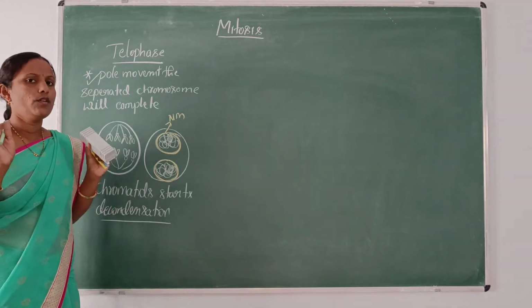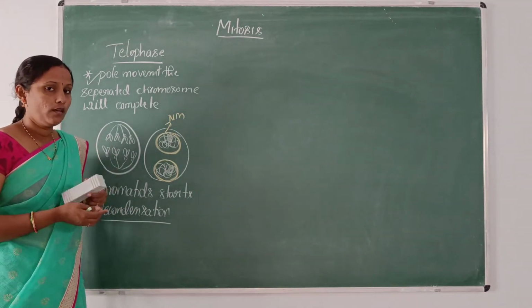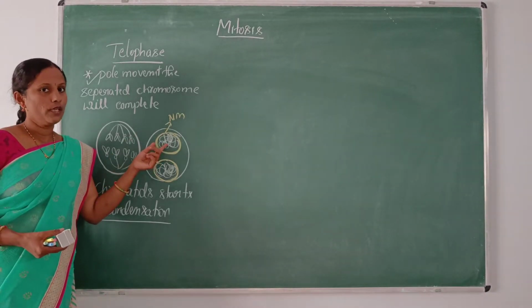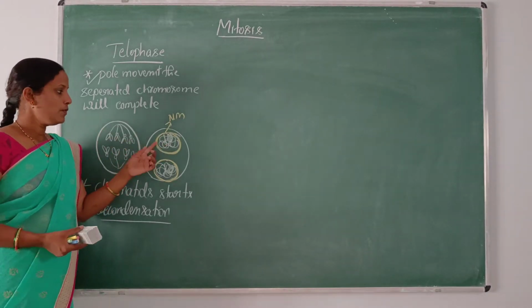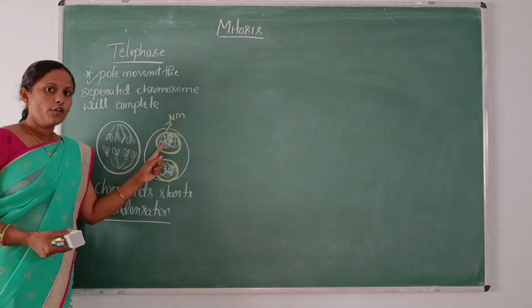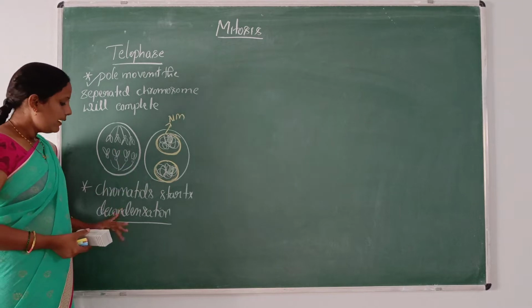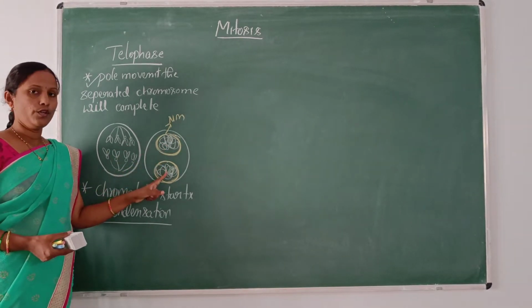So whenever you understand that the opposite events will happen, there is a decondensation of the chromosomes, a formation of nuclear membrane around the two sets of chromosomes, and a formation of nucleolus.